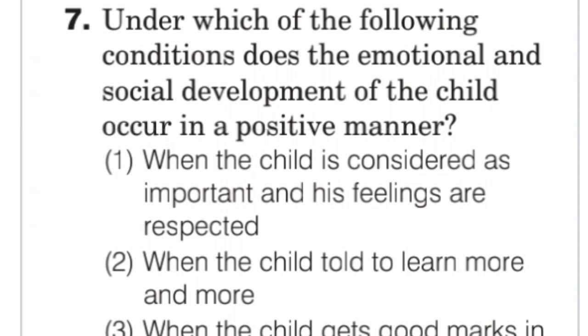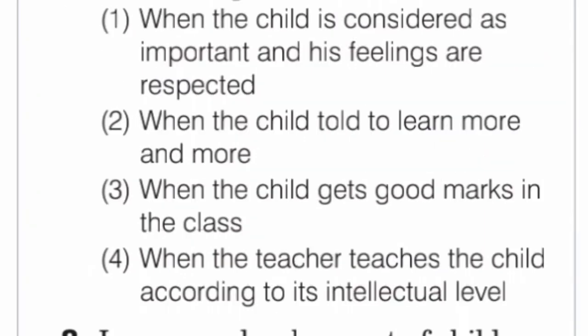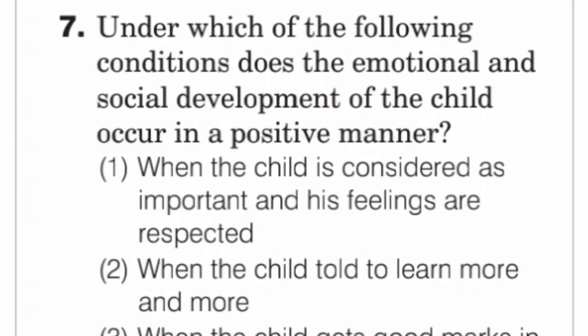When the child is told to learn more and more. Number 3. When the child gets good marks in the class. Number 4. When the teacher teaches the child according to its intellectual level. So this question's right answer is when the child is considered as important and his feelings are respected.